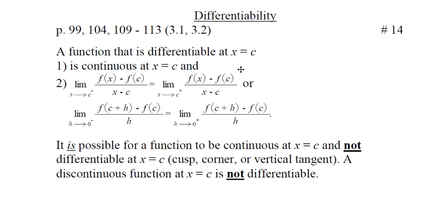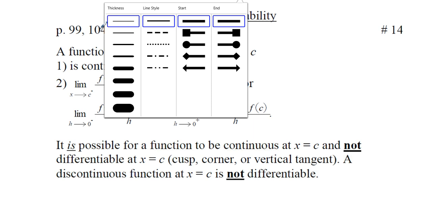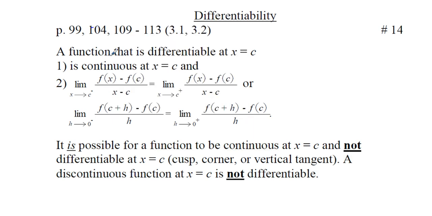Differentiability. A function is differentiable at x equals c if it's continuous at x equals c. So the first thing we need for differentiability is continuity. For continuity, you can look back at note card 6.